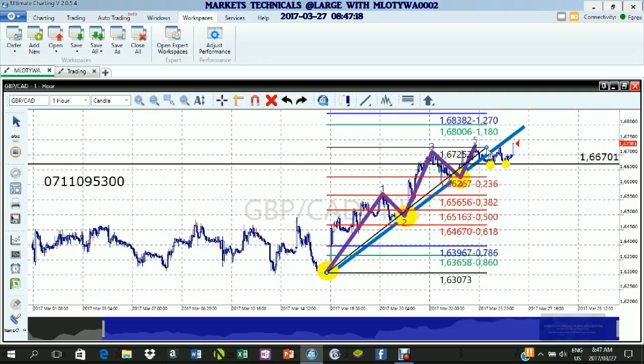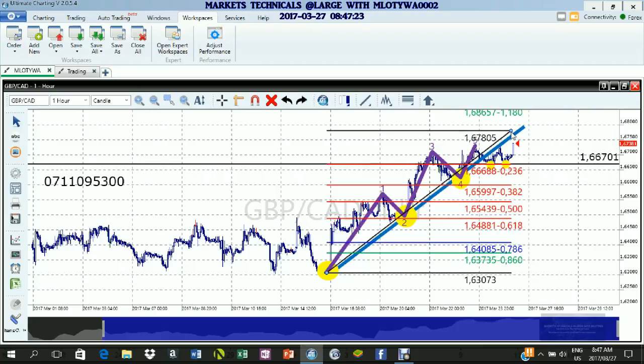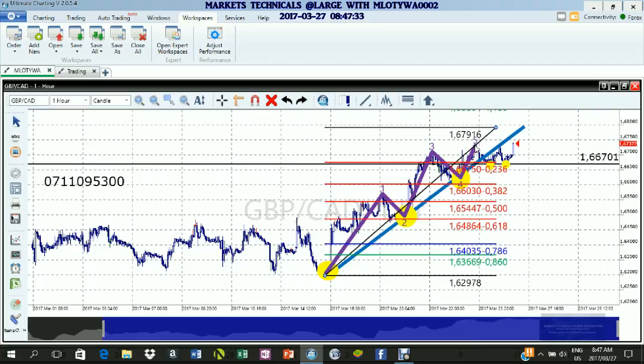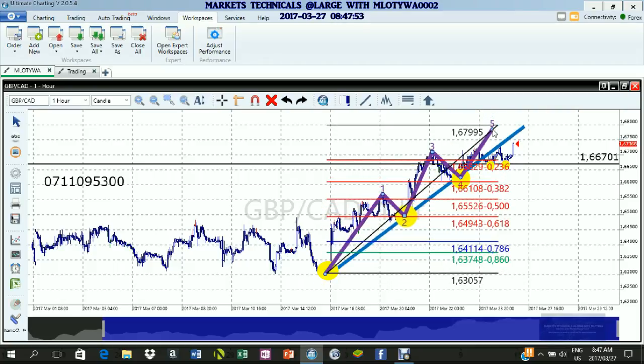We take it up to point 5. Let me take the point 5 there, just above point 3, to show that it's a higher high.